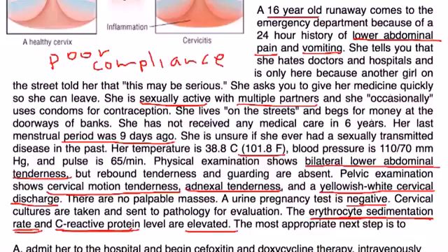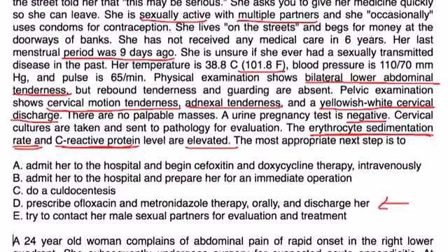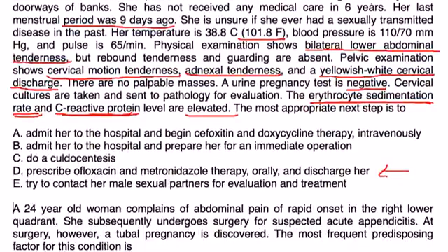She's homeless, and it's probably not likely that she's ever going to follow up or even comply with the medication that is given. So she really needs to be admitted and treated in the hospital with IV antibiotics.